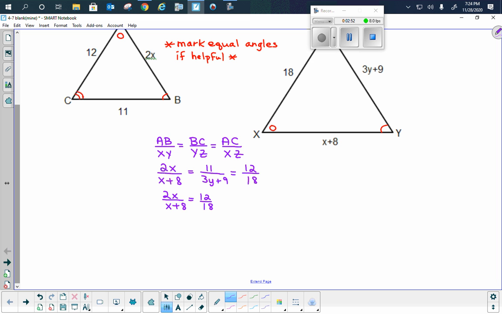And if I cross multiply, 18 times 2x is 36x. Again, if you can distribute without writing this step, then go for it. But if you can't, then write it. Okay, so that'd be 12x plus 12 times 8 is 96.